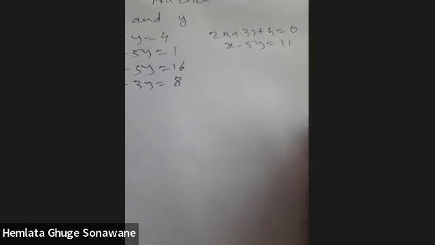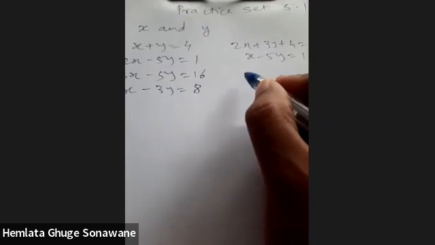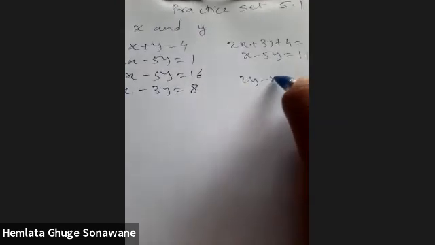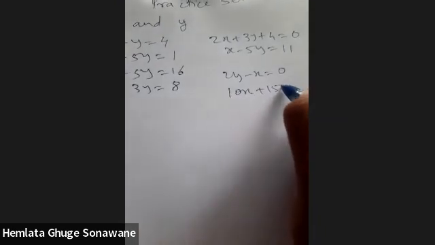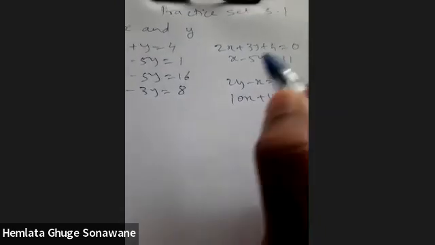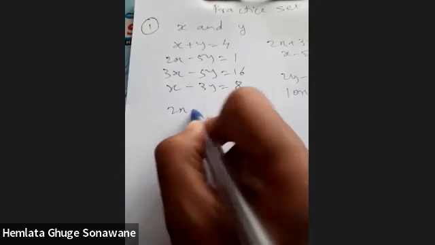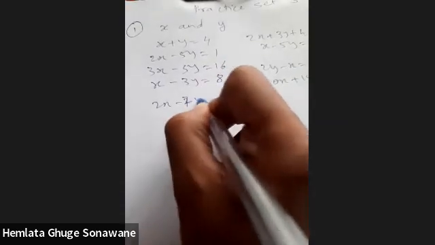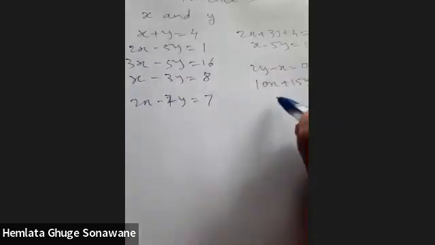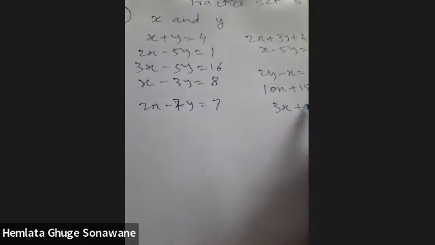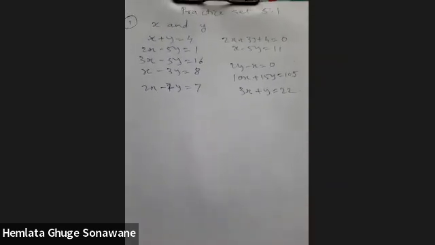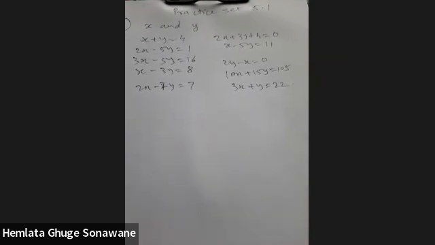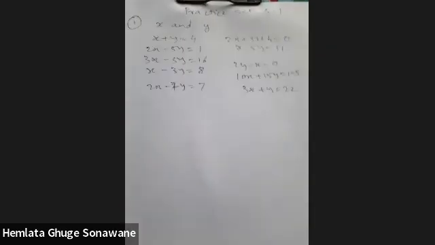Any 5 linear equations you have to write down. 2y minus x is equal to 0. 10x plus 15y is equal to 105. 2x minus 7y is equal to 7. 3x plus y is equal to 22. Any 5 you can write down by using the x and y variables.